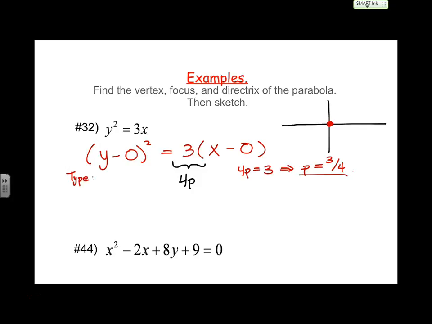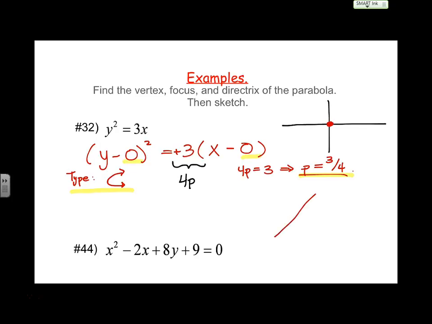Sideways, because the y is squared. And since the 3 is positive, is it going to be right or left? So that's a rightward facing parabola. I know that p is equal to 3/4, and I know my vertex is 0, 0. From that, you guys can get all the rest.